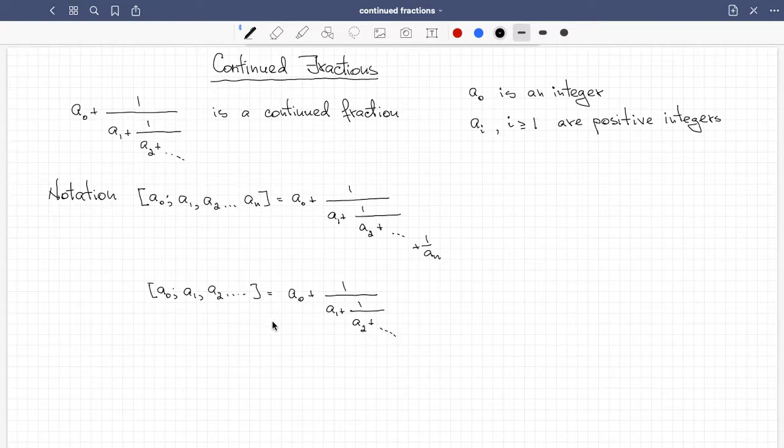It is not obvious at all that the infinite expression makes sense. The finite expression definitely does.